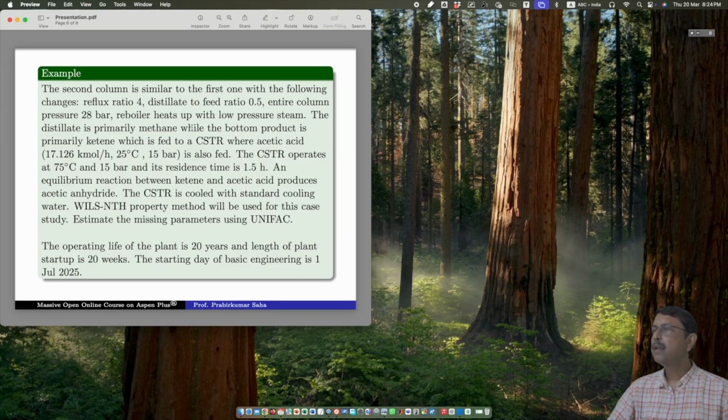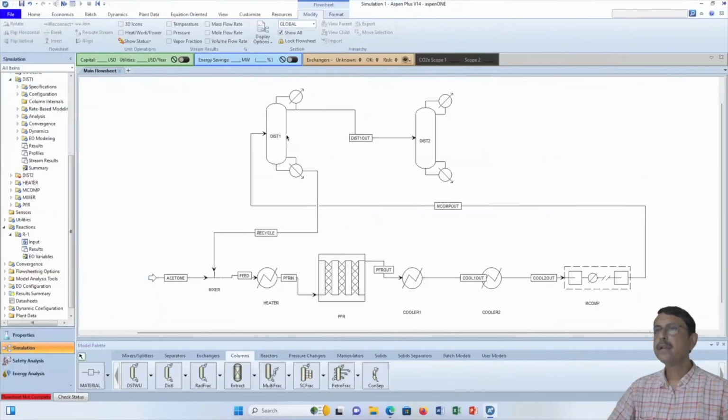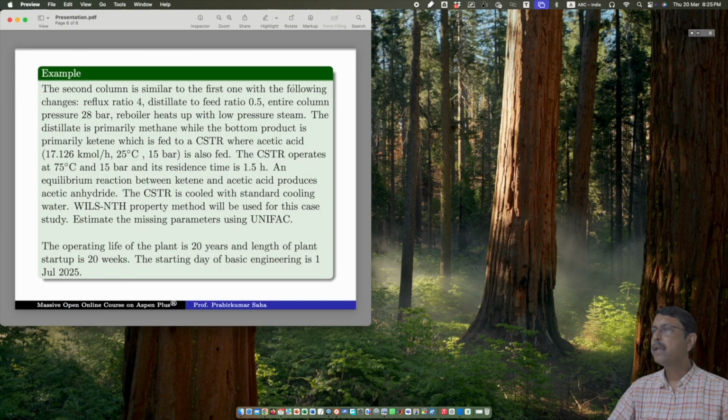And here you can see the distillate is primarily methane, while the bottom product is primarily ketene. And this ketene is fed to the CSTR. And here we have reflux ratio, distillate to feed ratio, entire column pressure.